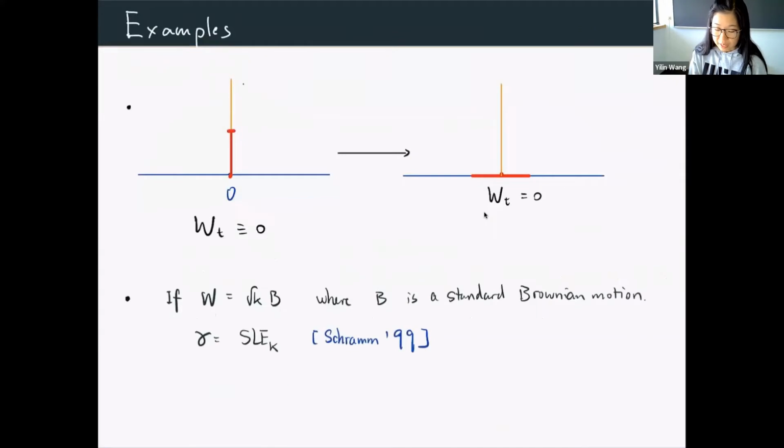And the curve generated by square root kappa times B, where B is the standard Brownian motion, is called SLE. And when kappa equals 0, this is a deterministic case. This looks like an uninteresting case, which is just a curve going straight up. But actually, it will turn out to be one of the most important examples of this Loewner transform.